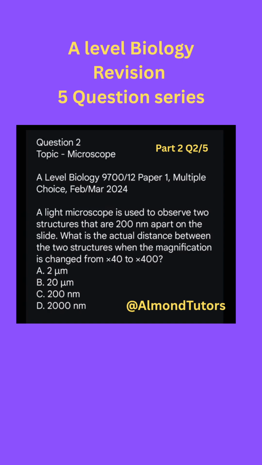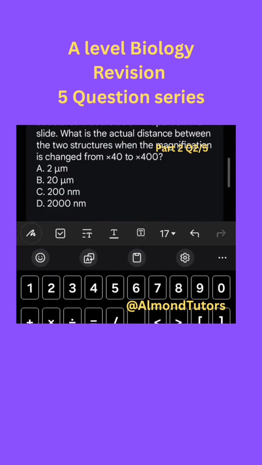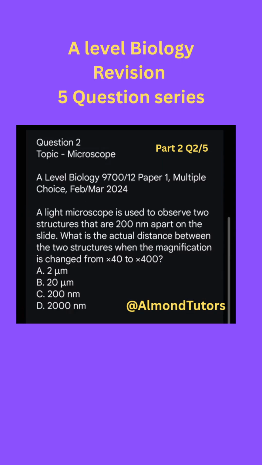So number one, they've said that we're dealing with a light microscope. So you underline, it's a light microscope. We're not saying there's anything particular about it, but just remember, it's not an electron microscope. And then they say they observe two structures that are 200 nanometers apart.